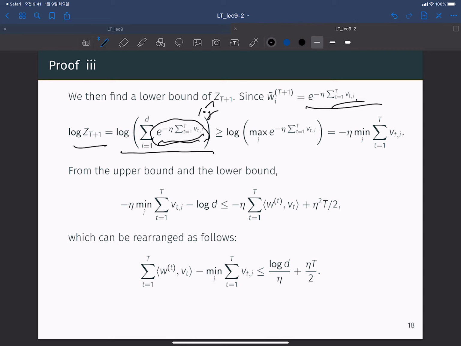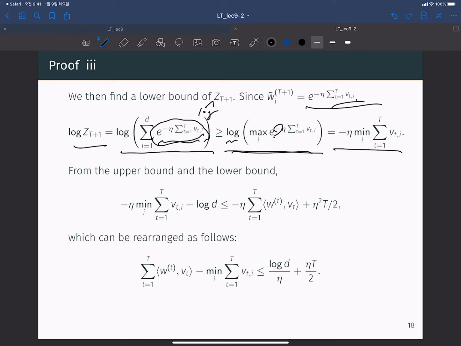So using that inequality, we have this bound. And by definition, we can cancel out the log and exponential, and since there is a minus, we can rewrite this term as minus eta times the minimum over i of the summation from t equals 1 to capital T of v_{t,i}, the minimum cumulative cost.